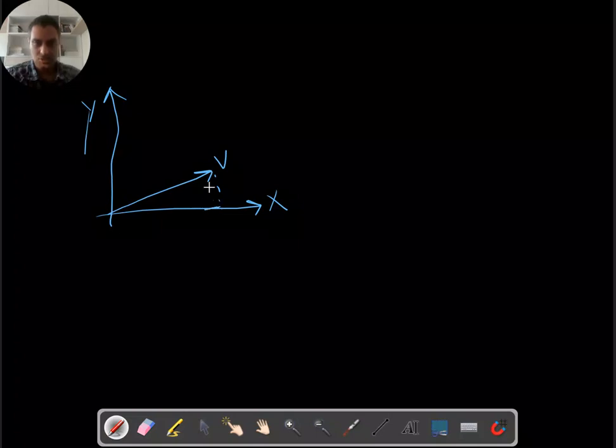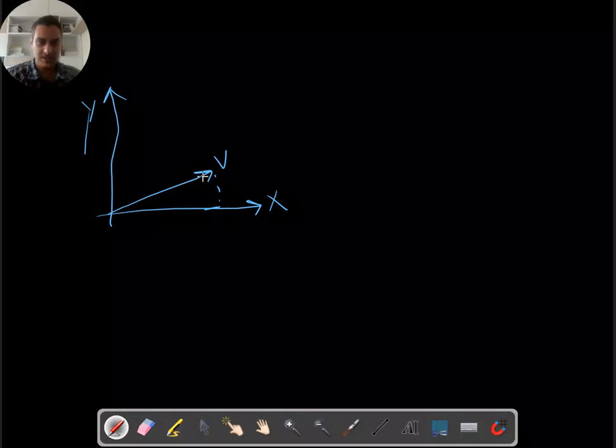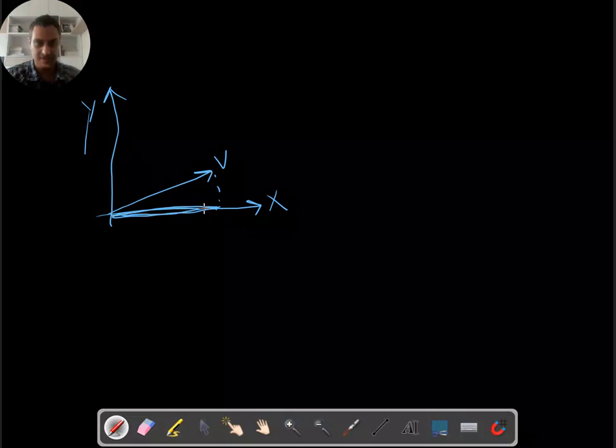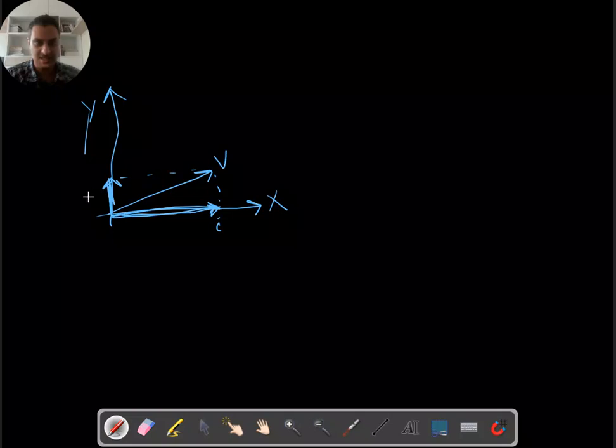To identify this vector in this space, I say this much of V is available in the i direction, and this much of V exists in the j direction.